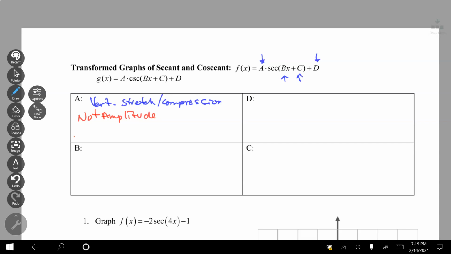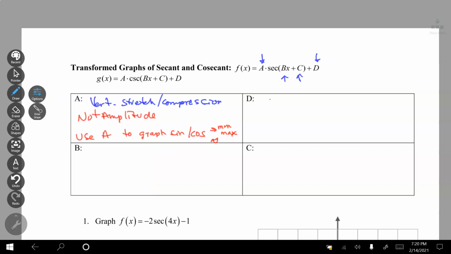What it is, though, I use the A value to graph my sine and cosine graph because that gives me my mins and maxes, and then I can make my U's.